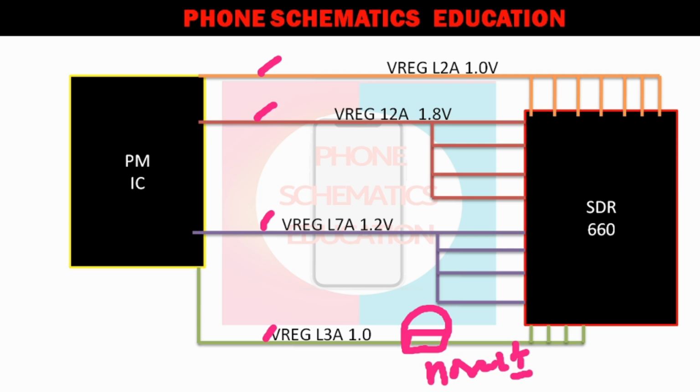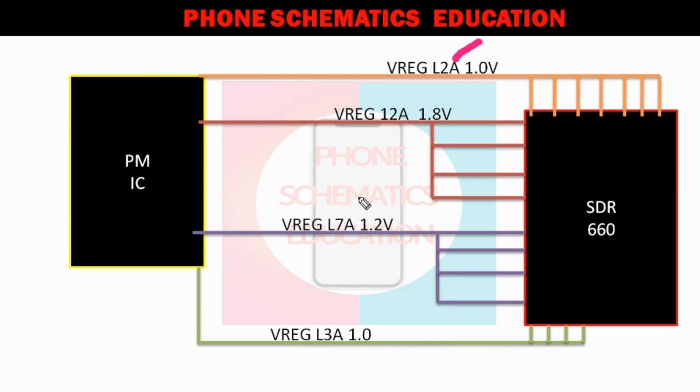Now you will see there is a through LDO 2 or LDO 3, the same 2 times 1 volt. This IC needs 2 voltages of 1 volt. Also, going back to the schematic, I will show you something.